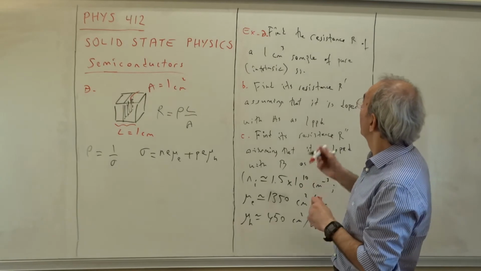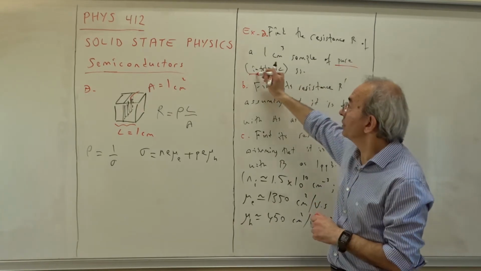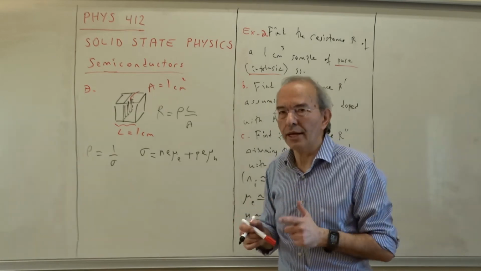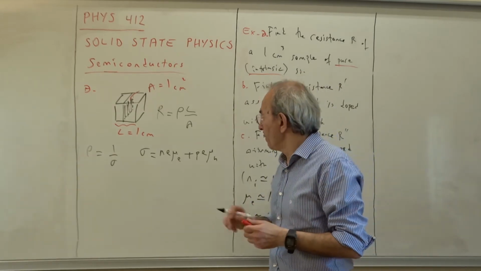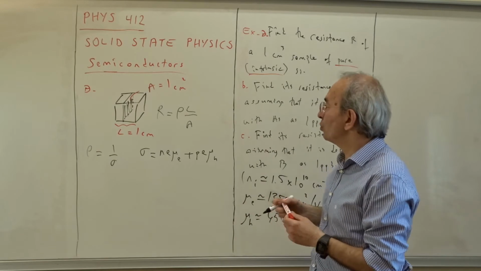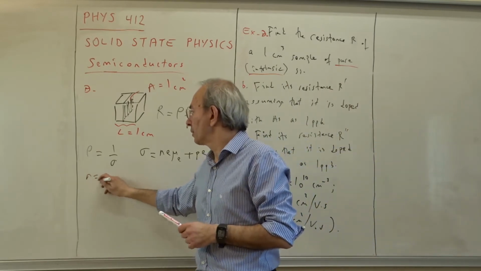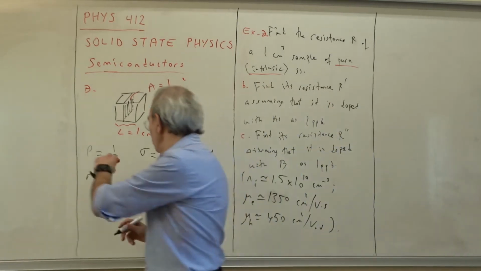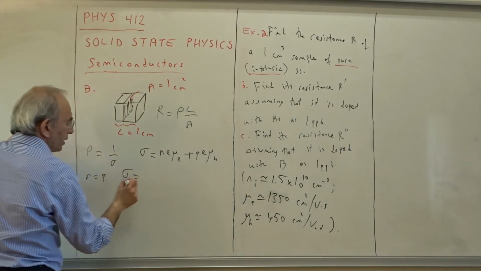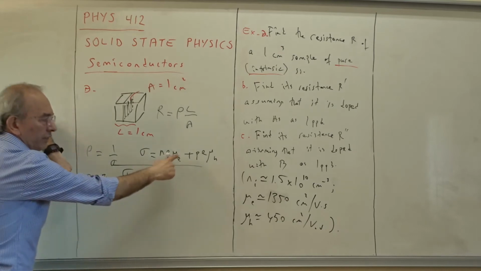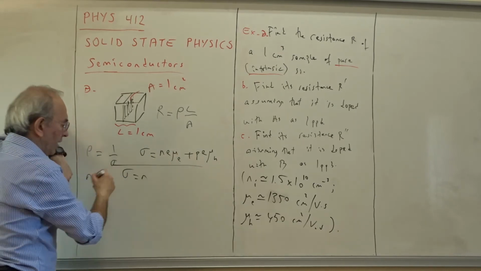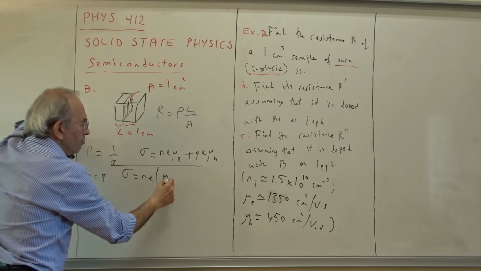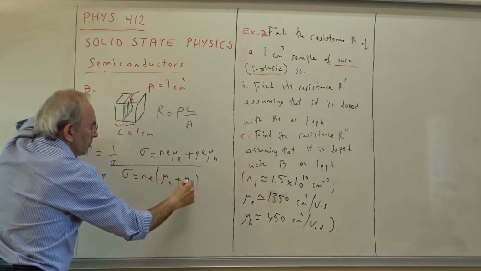Because we have first the pure sample, the intrinsic sample, both terms should be taken into account. But also we know that since it is pure, n is equal to p. e is constant, so we take it out. So sigma is n, with n and p the same, times e multiplied by mu e plus mu h.